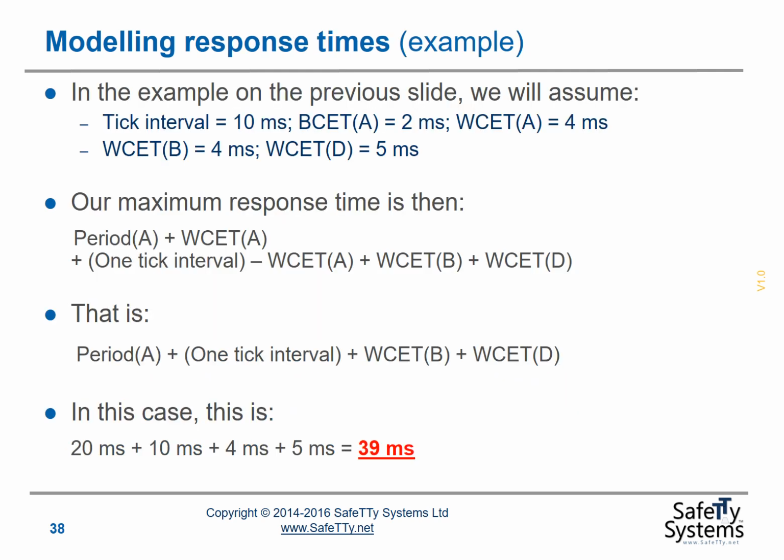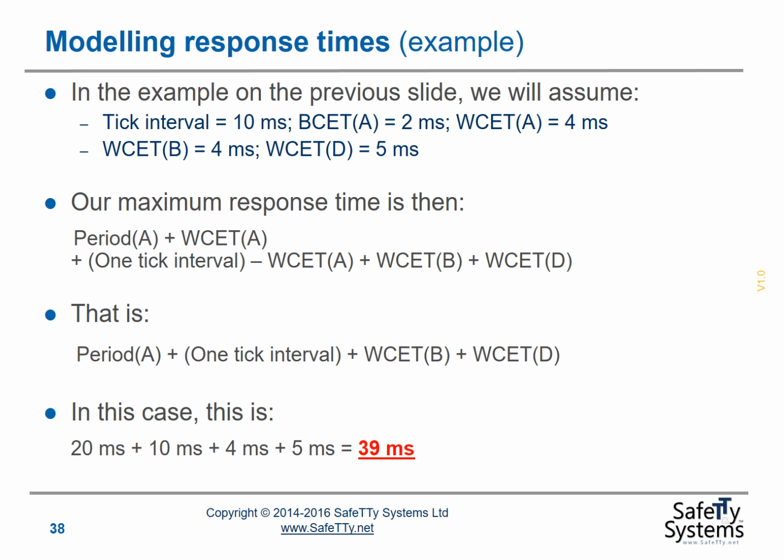In this example, we'll assume that the tick interval is 10 milliseconds. The best case execution time of task A is 2 milliseconds. The worst case execution time of task A is 4 milliseconds. The worst case execution time of task B is 4 milliseconds, and the worst case execution time of task D is 5 milliseconds.